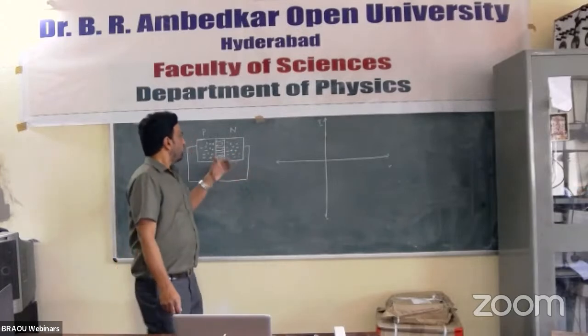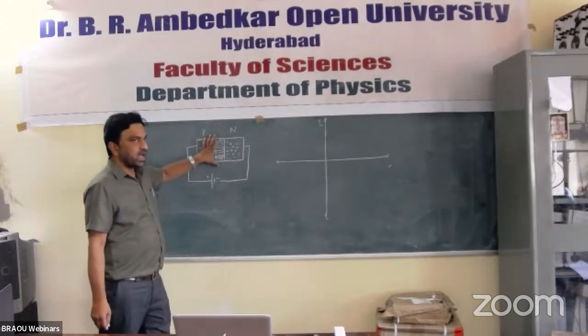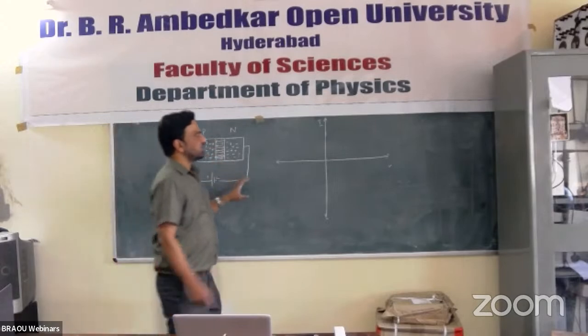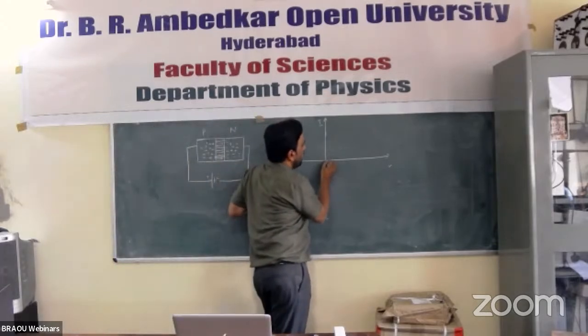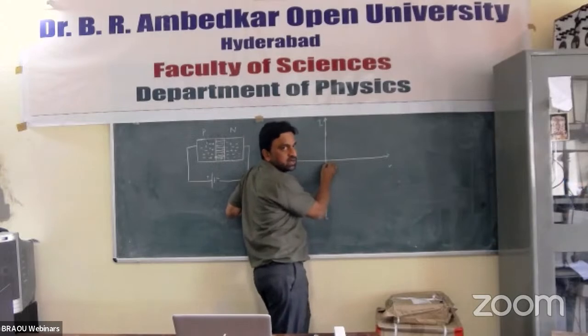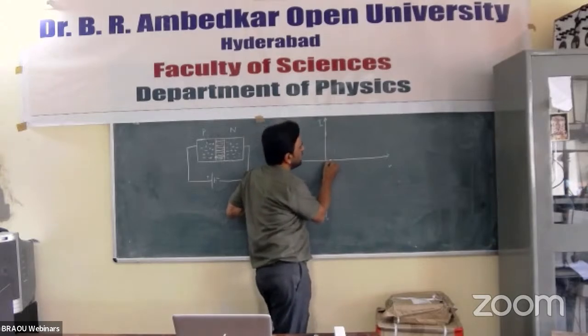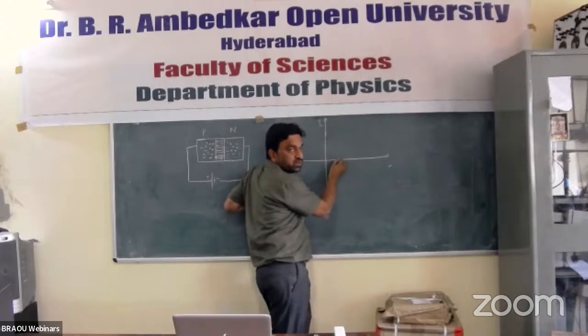Okay. So whenever we connect it in the forward bias mode and apply a certain voltage, initially there is zero current. As we increase the voltage, after reaching a certain voltage, which we call what type of voltage is it?